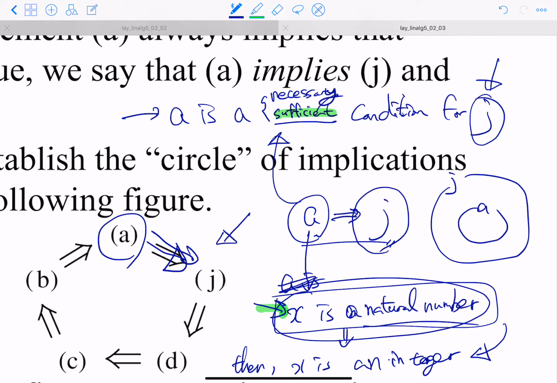That is the meaning of this sufficient condition. If A is satisfied, then the truth set is always a subset of the truth set of J.